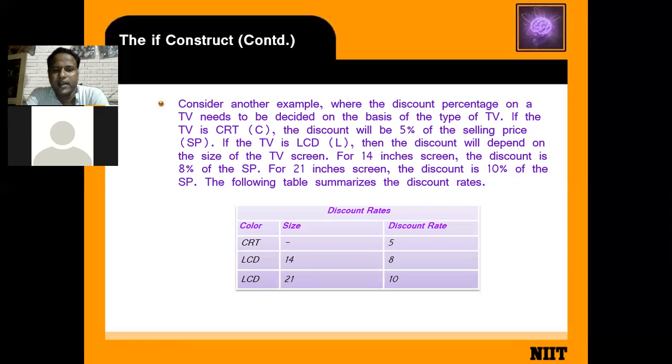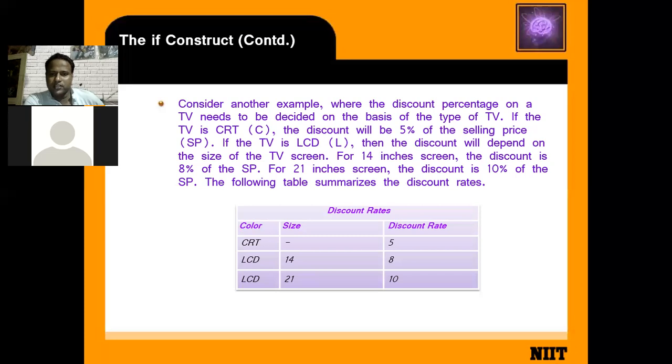So it is given that the discount percentage on a TV needs to be decided on the basis of the TV type. If the TV type is CRT, which is represented as C, the discount will be 5%. If the TV is LCD, then the discount will depend upon the size of the TV.